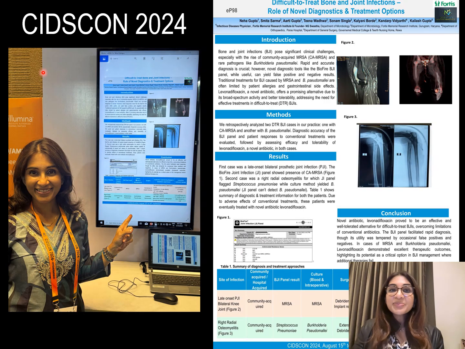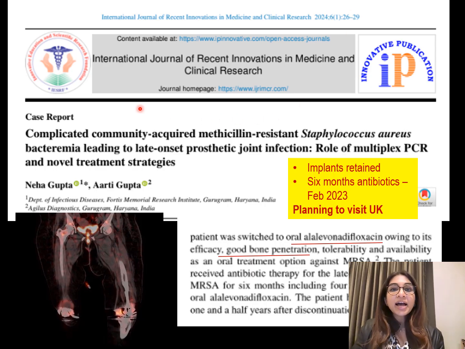So this we had presented in SITSCON in 2024, the role of novel diagnostics as well as the treatment options in difficult to treat bone and joint infections, and subsequently had published this in one of the journals of clinical research.